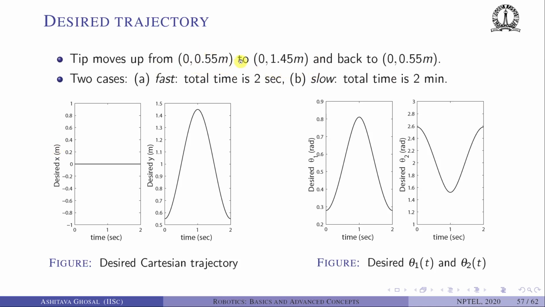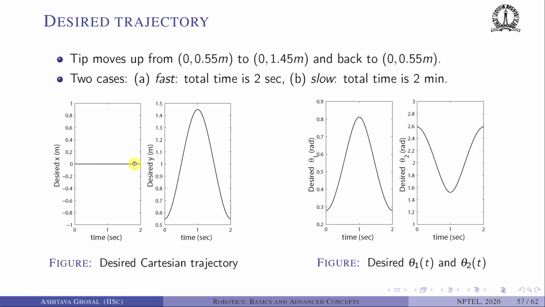It lies completely in the workspace, and back to 0.55 meters. We will consider two cases in the simulation. One is fast, so the total time is 1 second. It goes up in 1 second, comes down in 1 second. It's pretty fast, of the order of 1 meter per second speed. And another trajectory is very slow, of the order of 1 meter per minute.